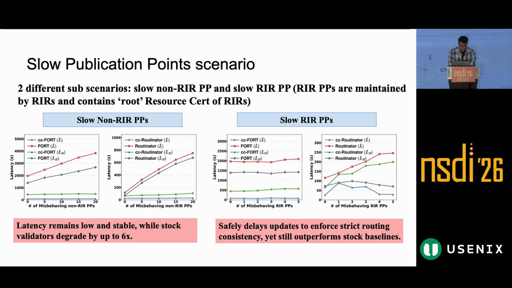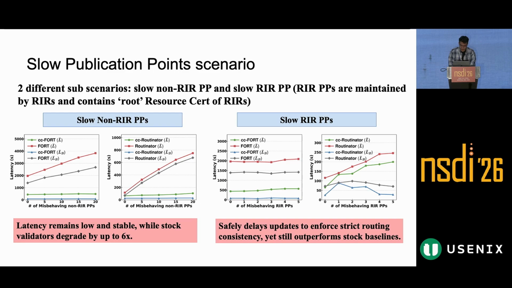And finally, for the robustness scenario, as shown in the first two charts, when facing 20 slow non-IR PPs, the baseline degrades by up to 6 times due to the waterfall barrier.